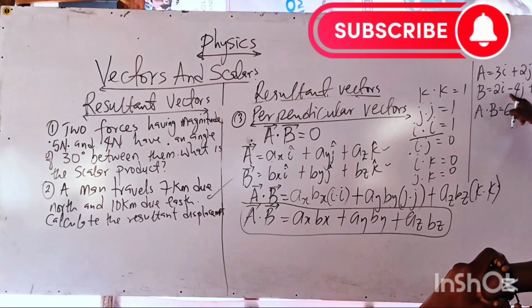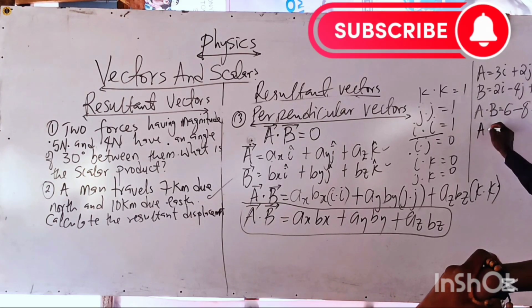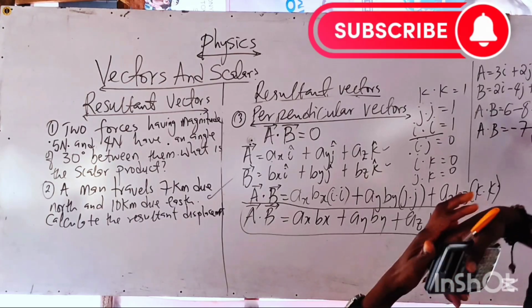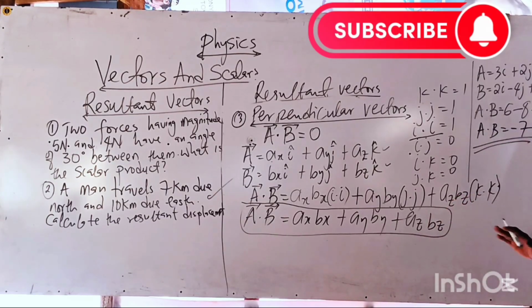Minus times minus, minus times plus, 2 times 4. J dot J is 1. The next thing is minus 5 times plus 1, which is minus 5. So now 6 minus 8 is minus 2. Minus 2 minus 5 is minus 7. So A dot B is equal to minus 7.